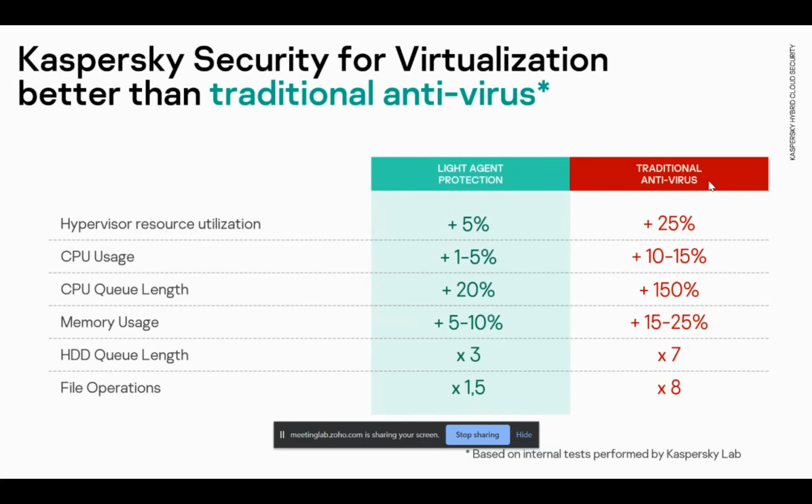The biggest difference is in CPU queue length, that is 20% to 150%. Memory usage was up only 5 to 10% on the workloads, whereas in traditional antivirus it goes up to 25%. Hard disk queue length 3 times, compared to traditional antivirus, which is 7 times. File operations 5 times, and this is 8 times.